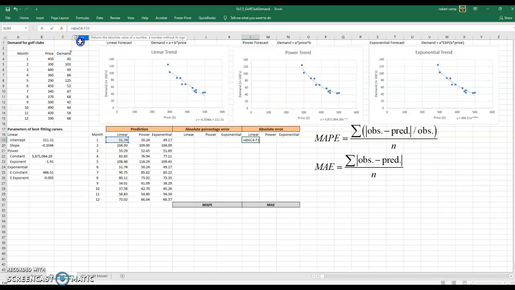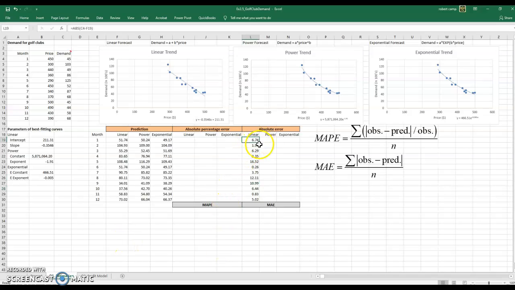So if I do ABS, that returns the absolute value, and then I bracket that, and there we go. The absolute value would be 6.74, and as I drag this down, it's going to index these values all the way down through here. So let's just go and do that right now. And there we go. If we click on this to check, we can see it indexed exactly like we wanted to.